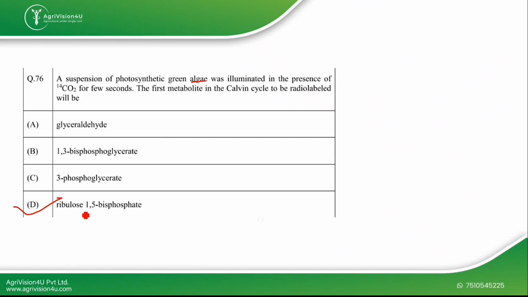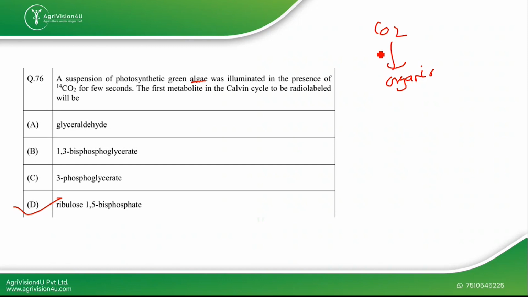Because the Calvin cycle outlines the events that result in the formation of organic molecules from inorganic ones, like from CO2 you will get an organic molecule. So this whole process is outlined in the Calvin cycle. Now ribulose bisphosphate is carboxylated by CO2 to form a hexose bisphosphate compound.